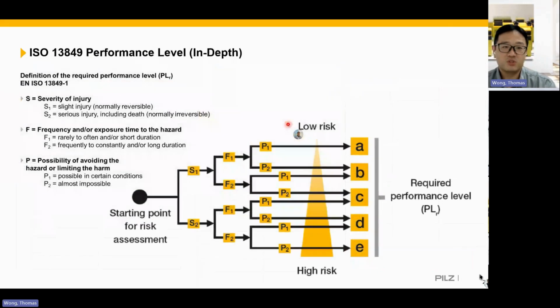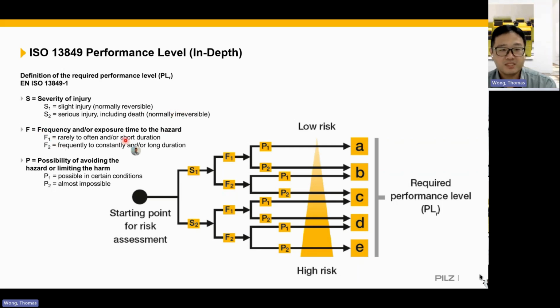The next one, we will look into the ISO 13849 for performance level itself. This is very similar to the ISO before, but it has fewer brackets for some of these factors. As you can see, there's usually only 2, 2, and 2. So let's look at it. The first one is severity of injury: S1, which is slight injury, normally reversible, or S2, serious injury, including death, normally irreversible.